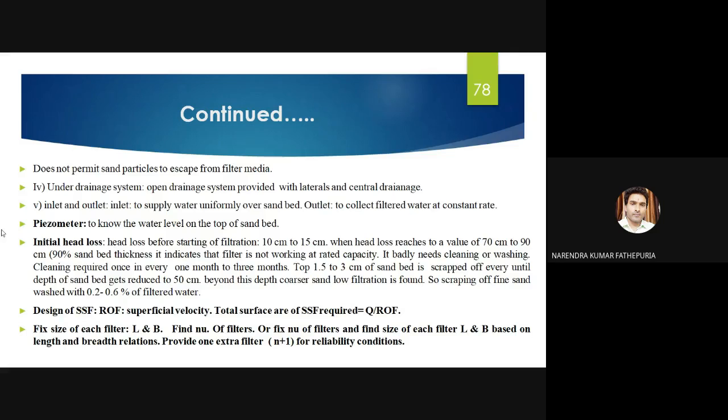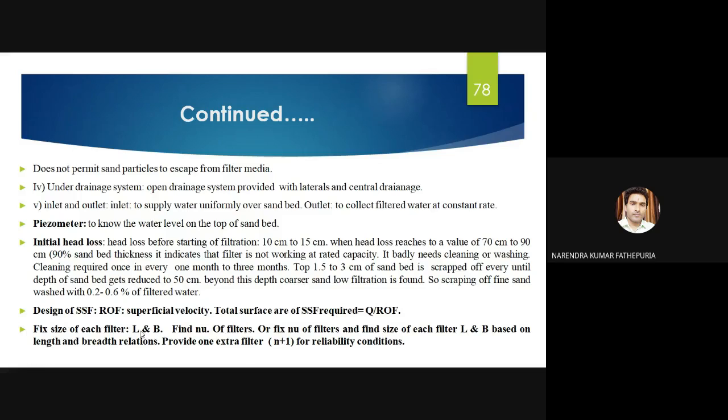So design of SSF: first, rate of filtration you have to identify. Superficial velocity, total area of filtration also you have to identify, and Q divided by ROF, the same thing. Fix the size of each filter. Suppose 5 filters, 6 filters, you are going to take.